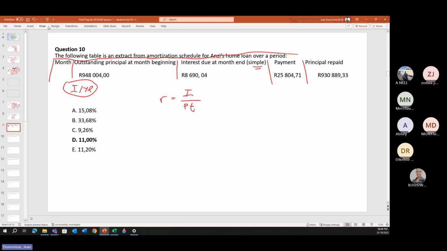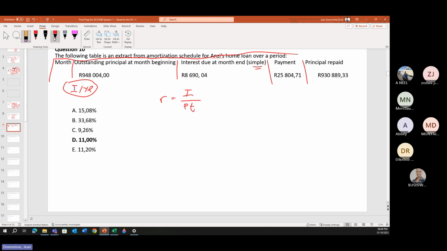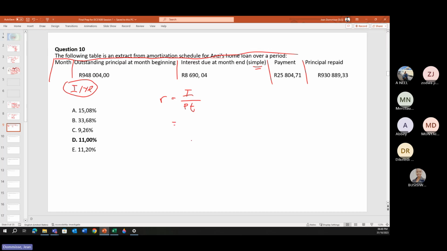So let's just check if we have all the information in this table to populate that formula. We've got the interest that was due, so it's 9690.04. We have the principal, so it's 948004.